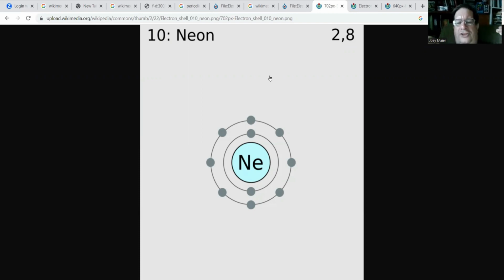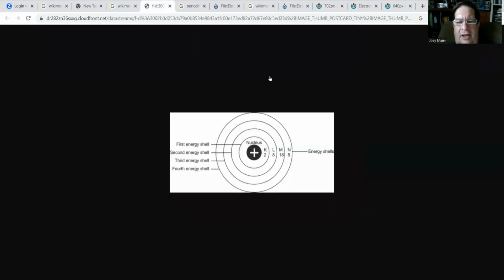And those are arranged in 2 in the inner layer and 8 around the second layer. So it has a full inner layer and a full second layer. That's a super stable atom because it's happy with the full and then it's happy again with the full around the outside. It doesn't really need to interact with any atoms. It's got everything it wants in life.